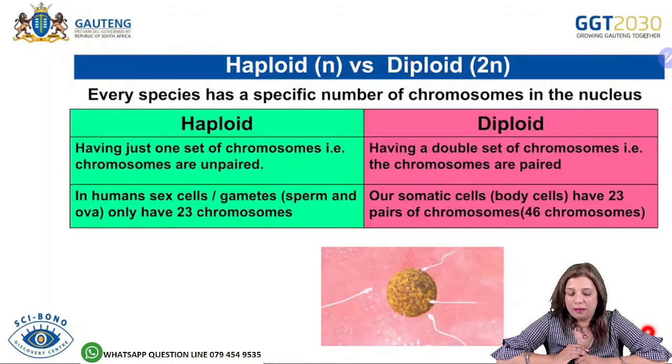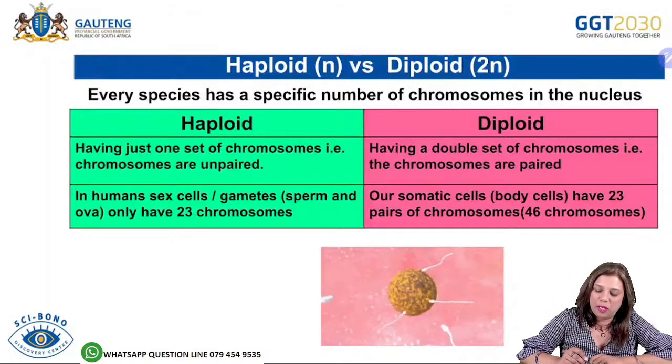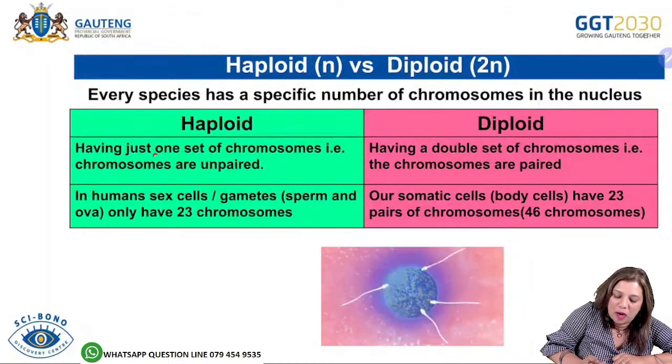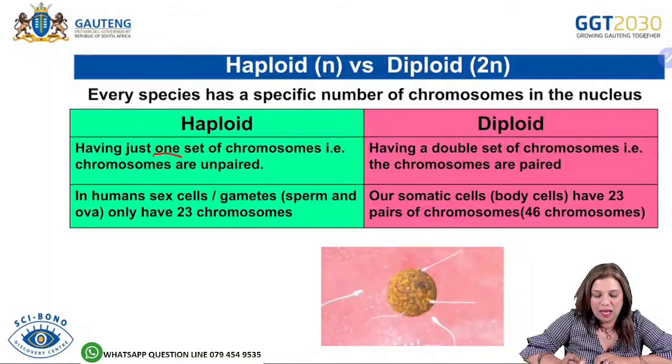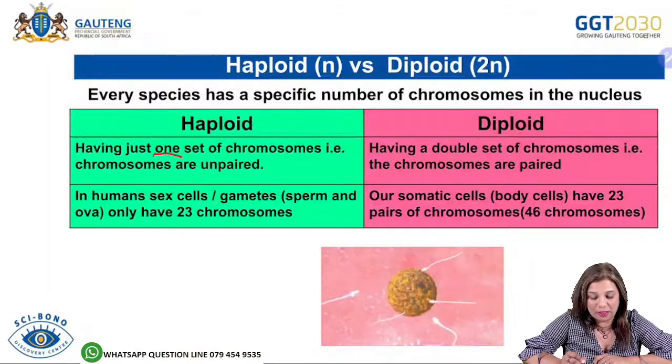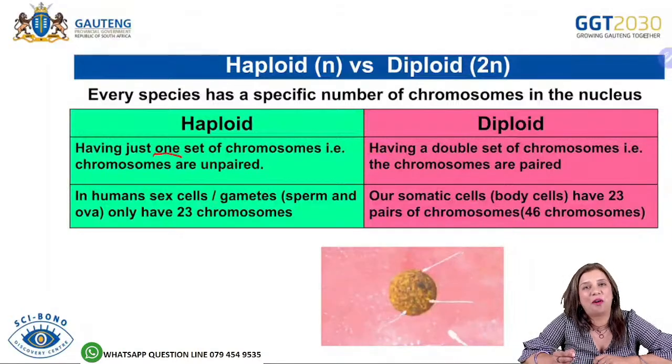So if we look at the difference between haploid and diploid, we look at haploid. Haploid has just one set of chromosomes, and the chromosomes are unpaired. Okay? In humans, they're called sex cells or gametes, and we know them as sperm cells and ova.